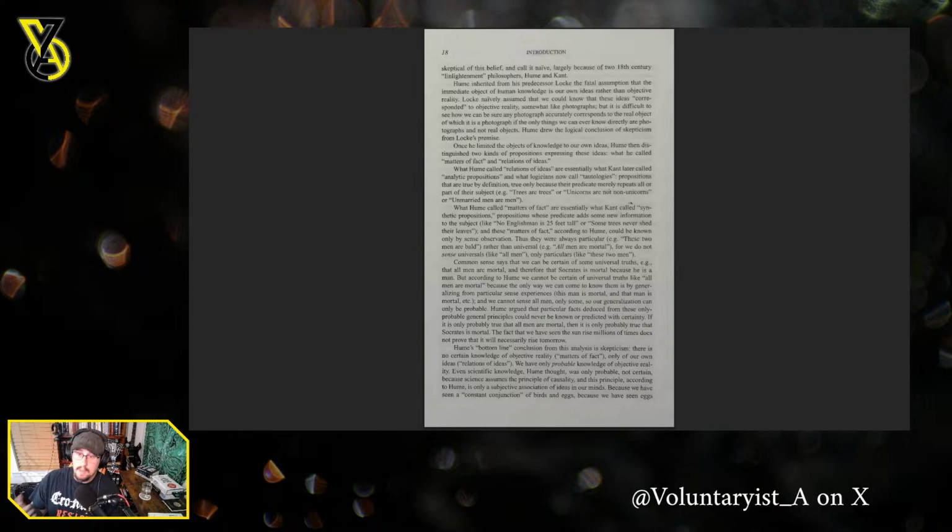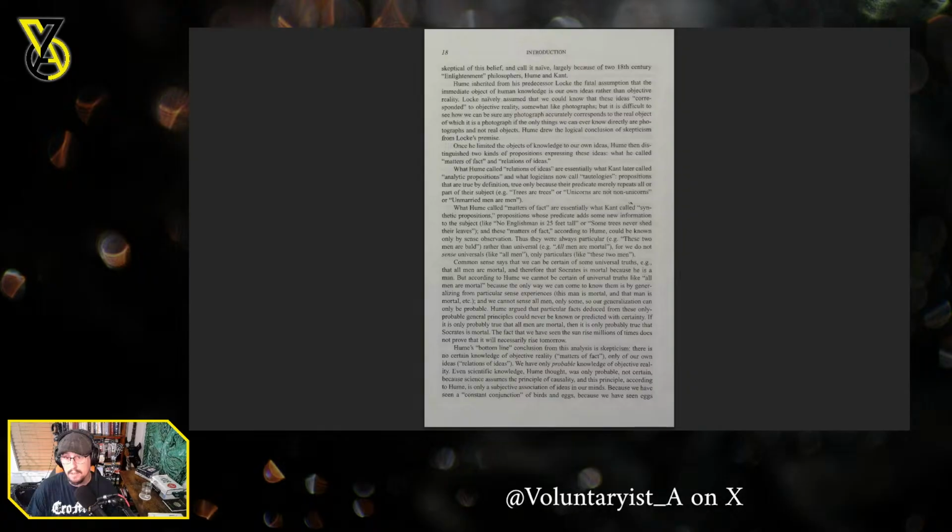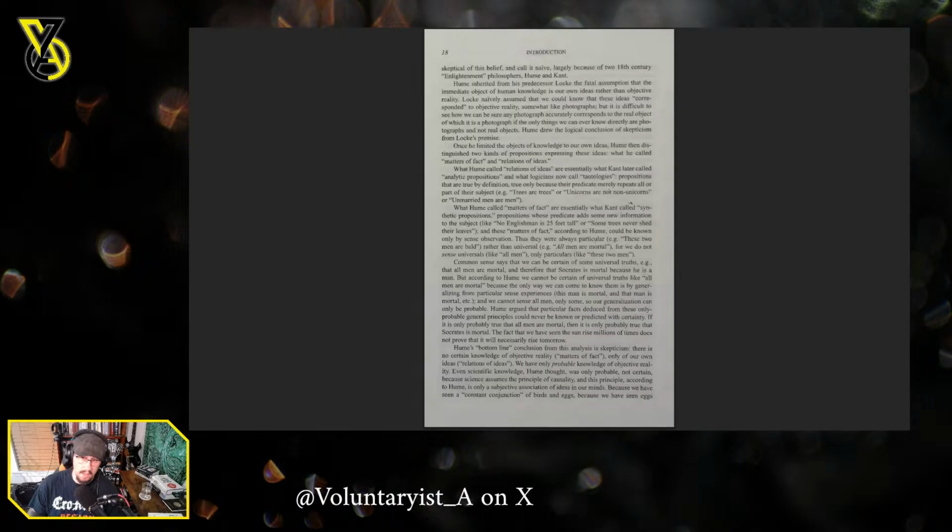Once he limited the objects of knowledge to our own ideas, Hume then distinguished 2 kinds of propositions expressing these ideas. What he called matters of fact and relations of ideas.